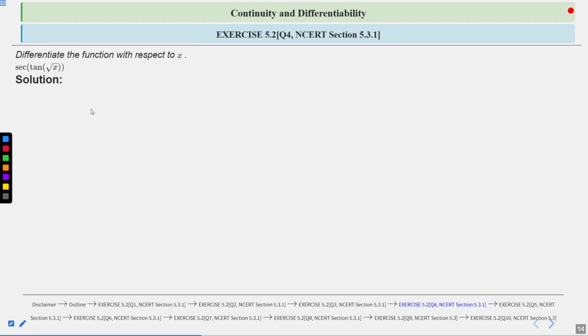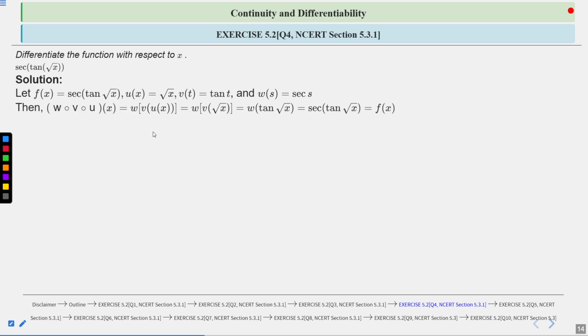See, let us see the solution part. What can we do? Let f(x) be equal to sec(tan(root x)), u(x) is basically root x, v(t) is basically tan t, and w(s) is basically sec s. Then w o v o u (x) will be equal to w of v of u(x), which is equal to w of v of root x, which will be equal to w of tan root x, which will be equal to sec(tan(root x)).